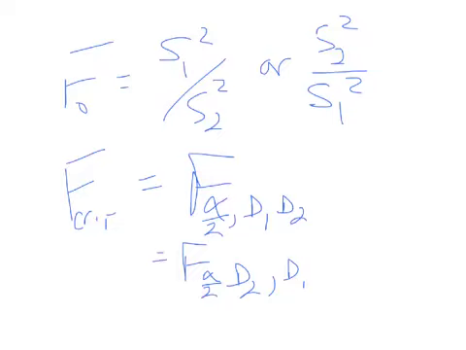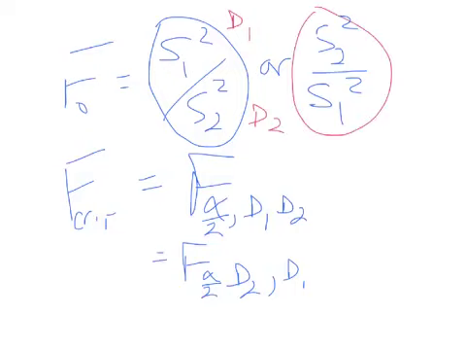So again, we just need to make sure that we're consistent. You can see in the first case here that we'll have D1 and D2. In the second case here, we will have D2 and D1. So D2 will be your numerator, D1 will be your denominator.